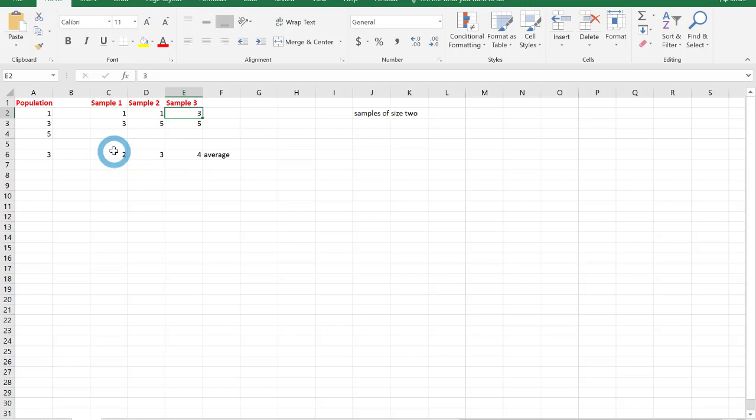So notice that as I take different samples from the same population, my averages are different. However, I do know that the population average is 3. So there is variability in the mean, right? When you take samples from a population, it does deviate away from the population mean.